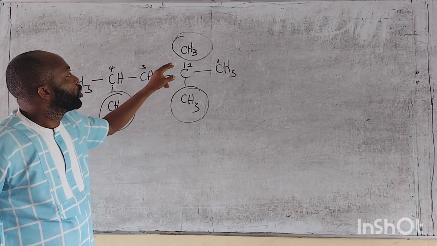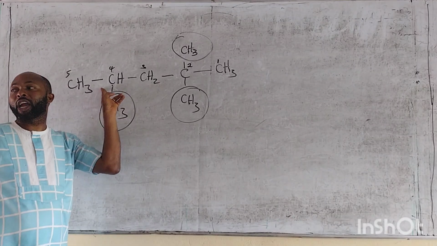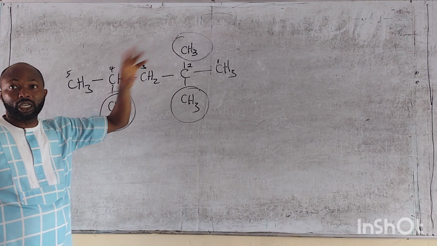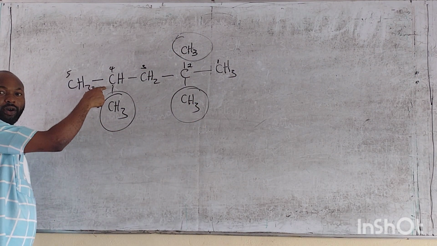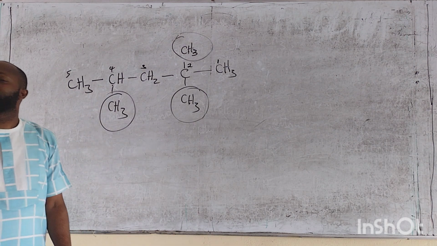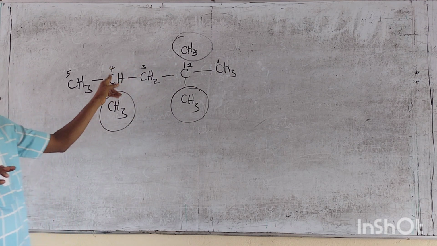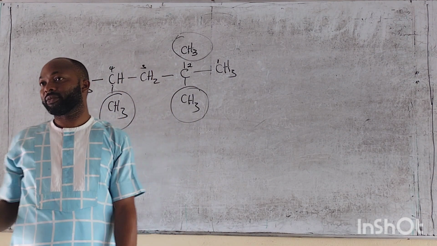So this becomes 2, 2, 4, because there's another methyl here. I've captured these 2 methyl, and another methyl is here in 4. Trimethyl means there are 3. 2, 2, 4, trimethyl pentane.